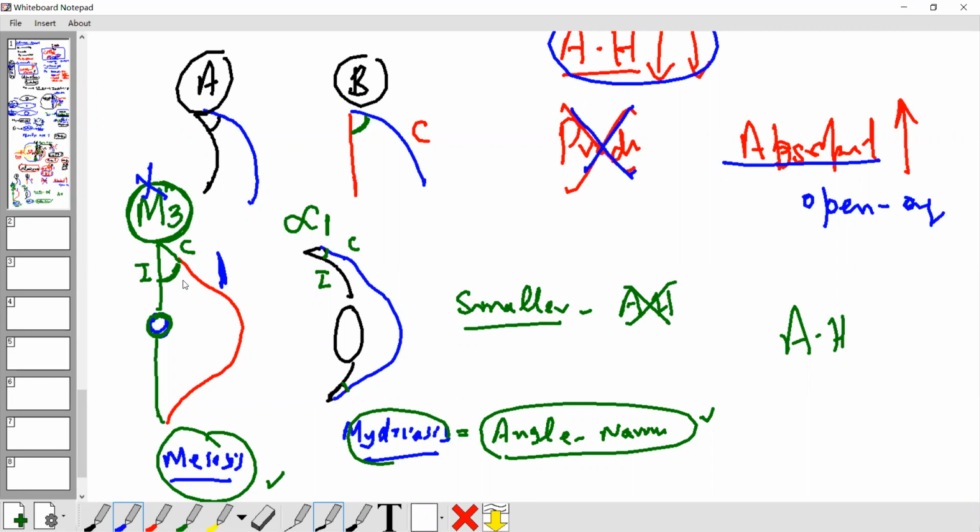Listen here. Write a sentence here: cholinergic antagonists are contraindicated in glaucoma. Never use them. If you use a cholinergic antagonist in a glaucoma patient, the patient can become totally blind.